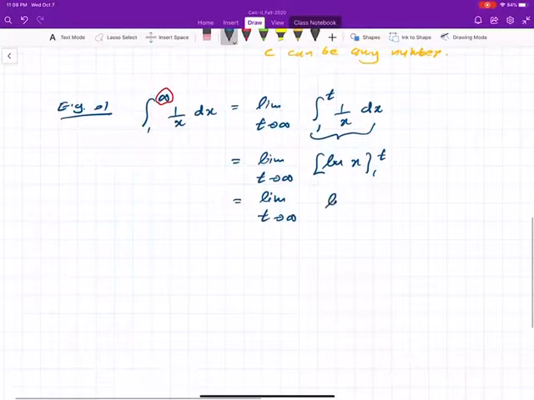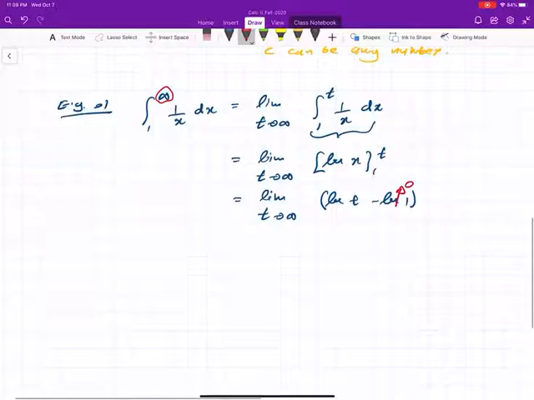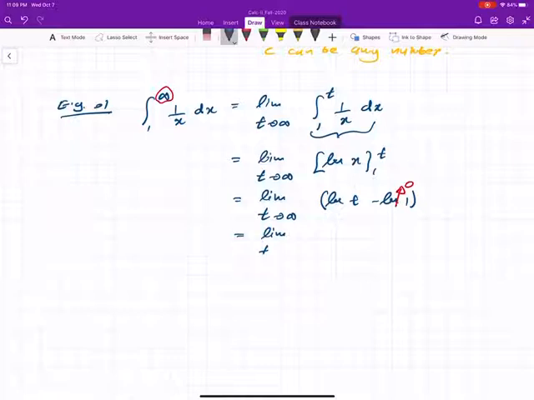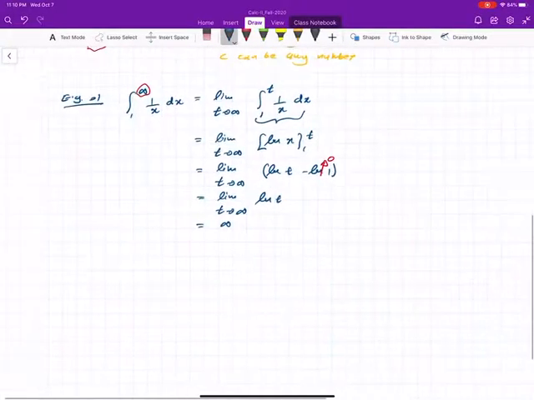And then this is limit t goes to infinity of ln t minus ln 1. You know ln 1 is 0, and this is limit t goes to infinity ln t. When t goes to infinity, ln t goes to infinity. So here the answer is infinity. Let me draw a small sketch here.